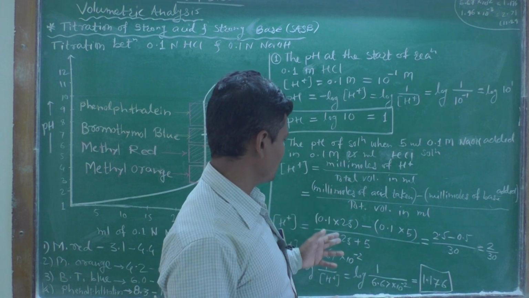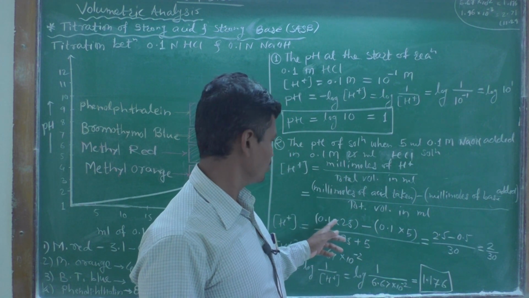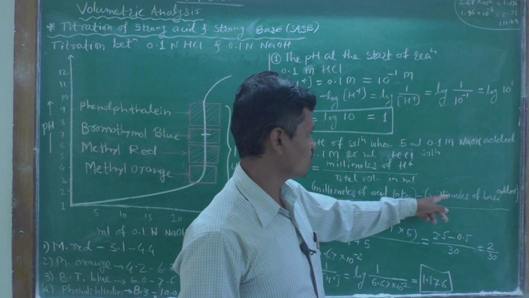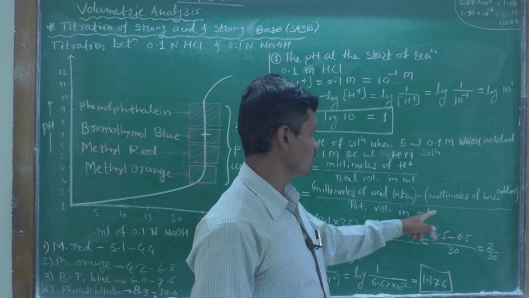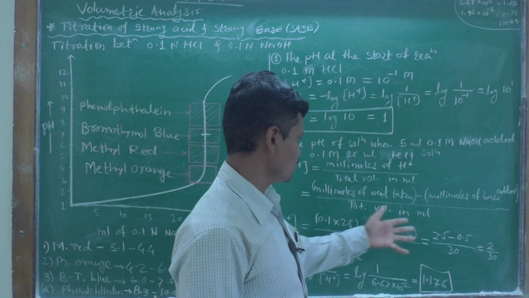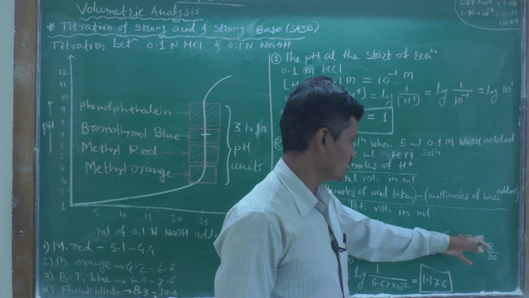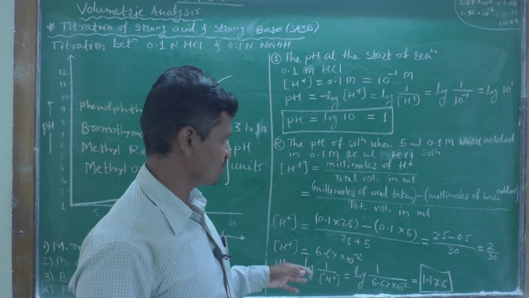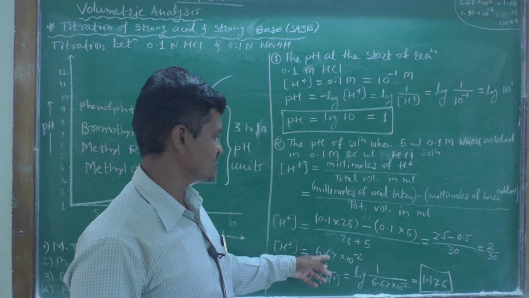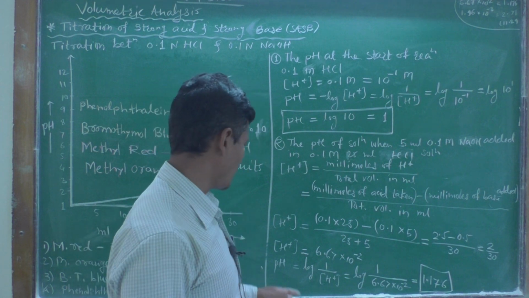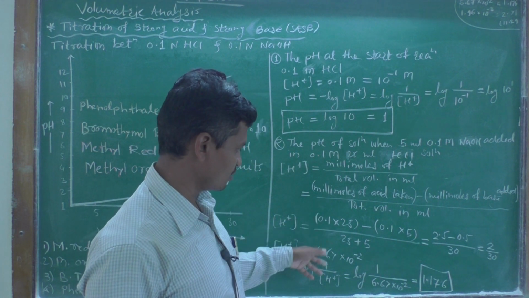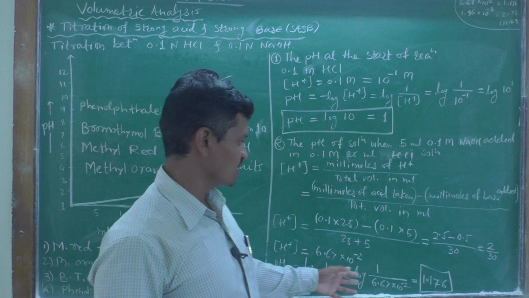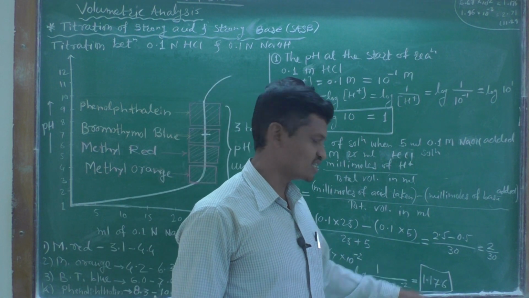So it is concentration into volume, 0.1 into 25 minus 0.1 into 5. So 2.5 minus 0.5, that is 2, divided by 30. The answer becomes 6.67 into 10 raised to minus 2, and by keeping this value in the formula, pH is 1.176.